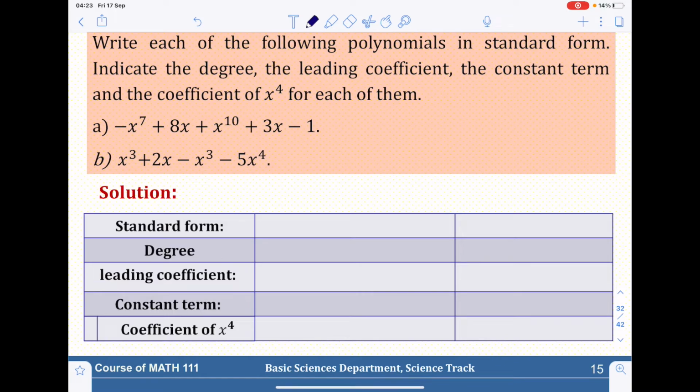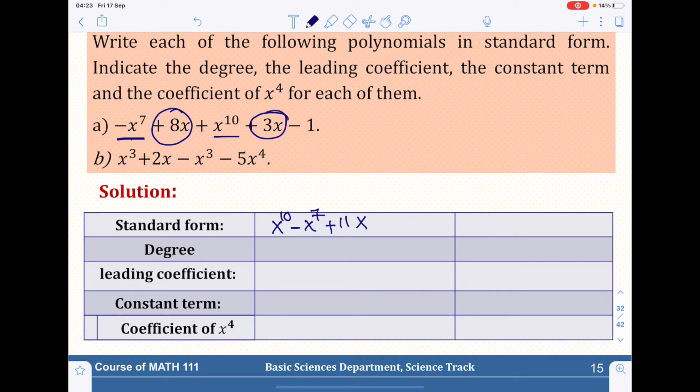So we're going to start with the highest power, which is x to the power 10. Then the negative x to the power 7. Then we have two terms with x. So we're going to combine them. We have 8 plus 3 is 11x. Then the constant, which is -1.